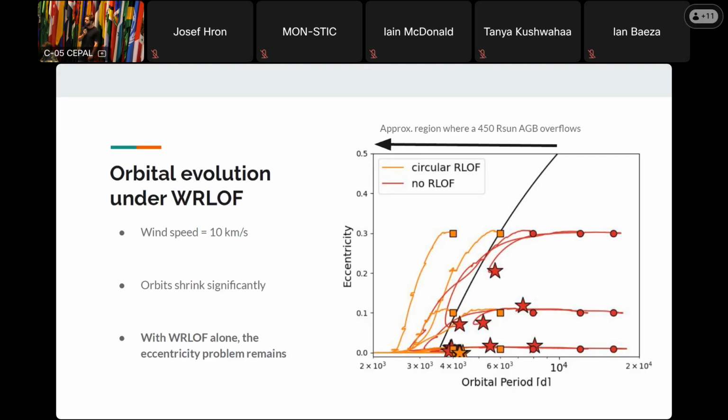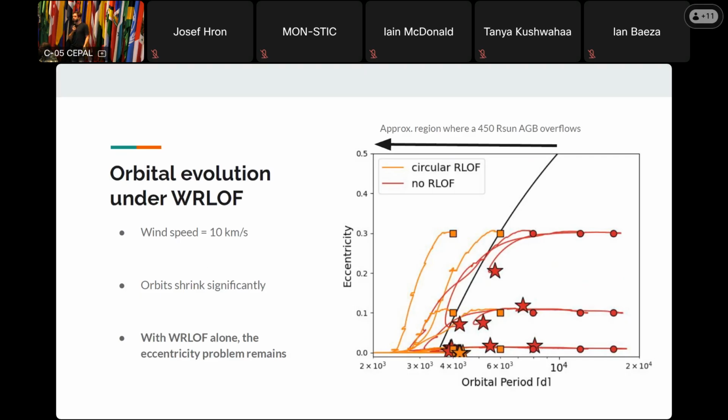The black line here corresponds to an approximate limit where an AGB of 450 solar radii will overflow. 450 solar radii is the typical maximum radius of a two solar mass AGB.